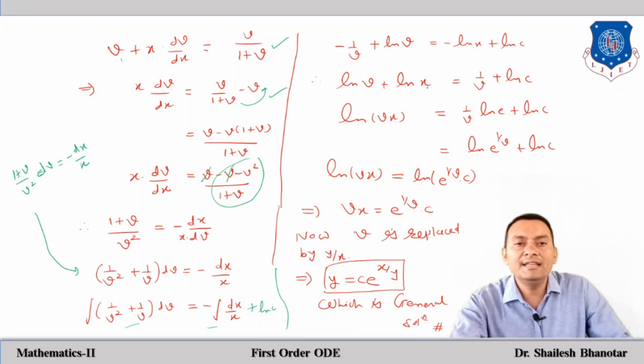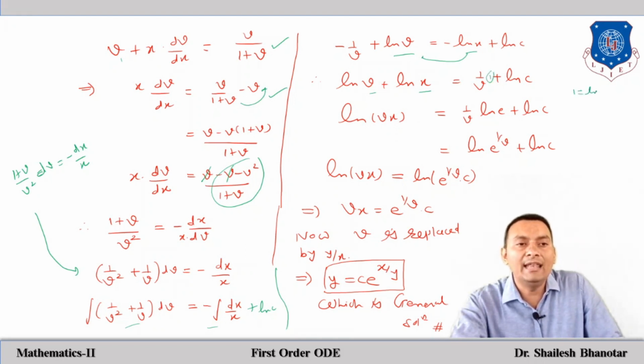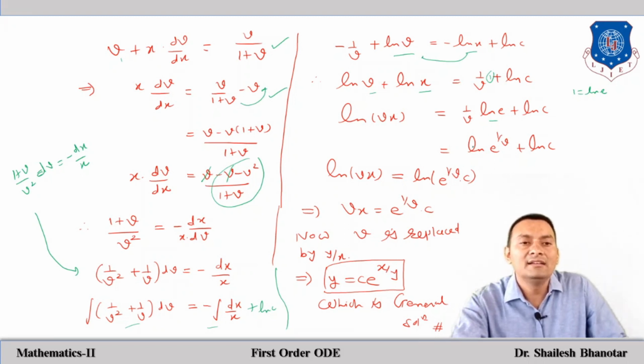So here after integrating you will have this one, and after that you take this on the left hand side and minus 1 by v on the right hand side, so it will be plus, and according to our property of the logarithm, we can write ln of vx is equal to 1 by v, but 1 can be written as ln e, and that's why we have written it over here. And also we can write ln e raised to 1 by v plus ln c.